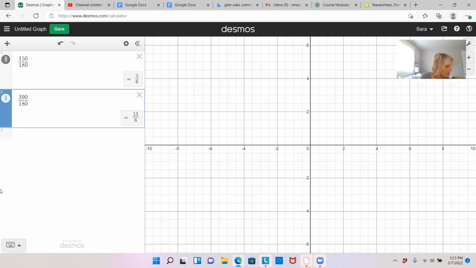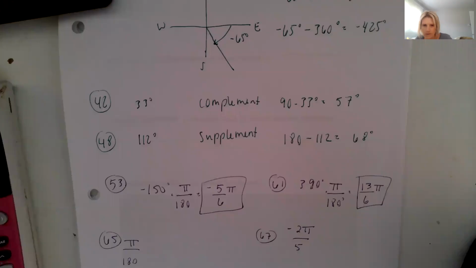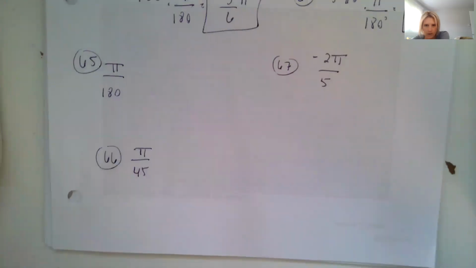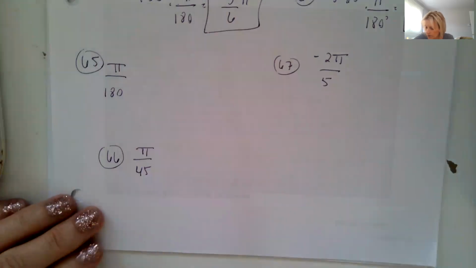And how about we do 66 while we're at it, just for fun. Okay. Go back to my paper here. So we're going to look at 3 of these where we're going to transform from radians to degrees.